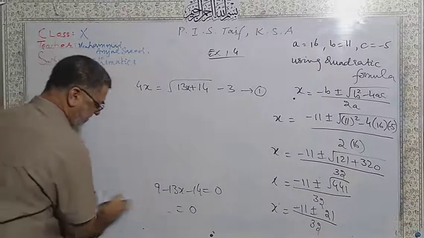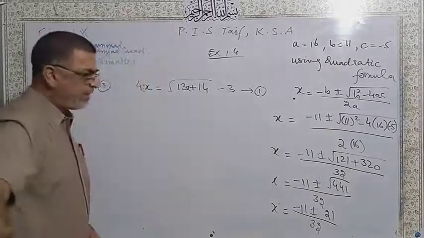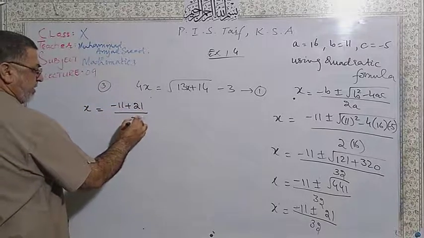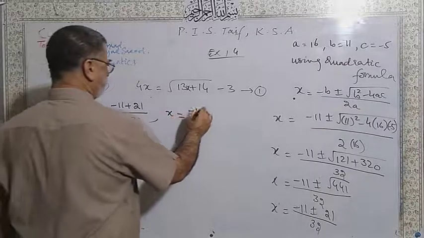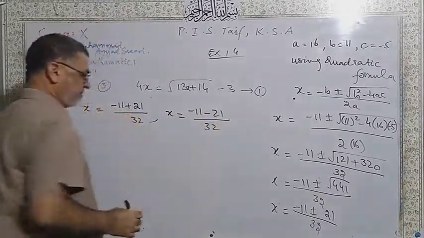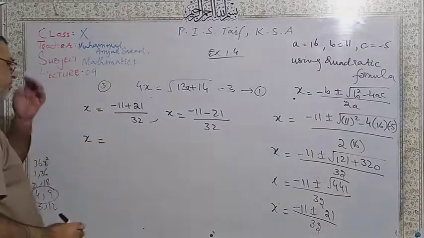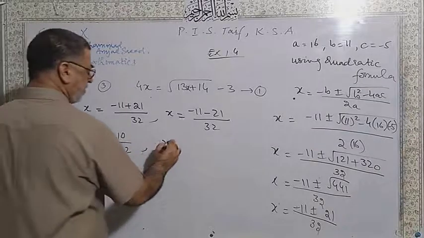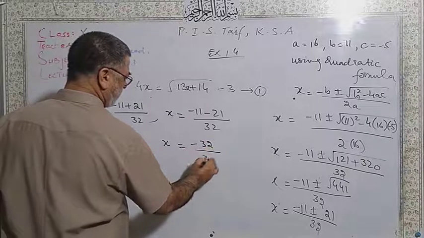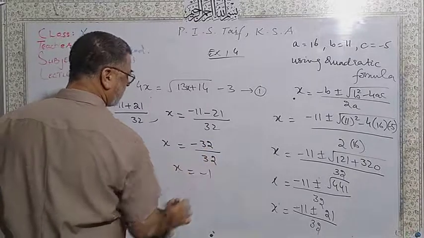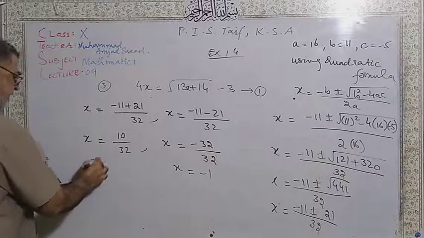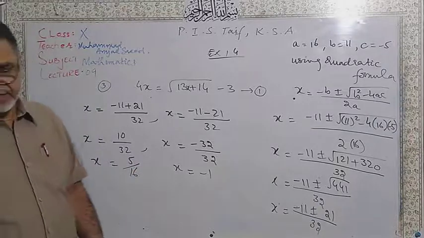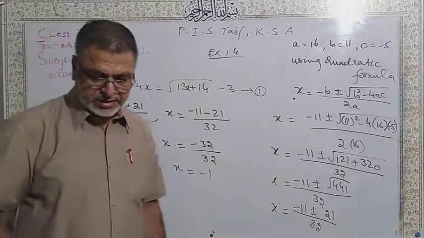We can write x is equal to minus 11 plus 21 over 32, and x is equal to minus 11 minus 21 over 32. That will be 10 over 32 and minus 32 over 32. So x is equal to minus 1 and x is equal to 5 over 16.